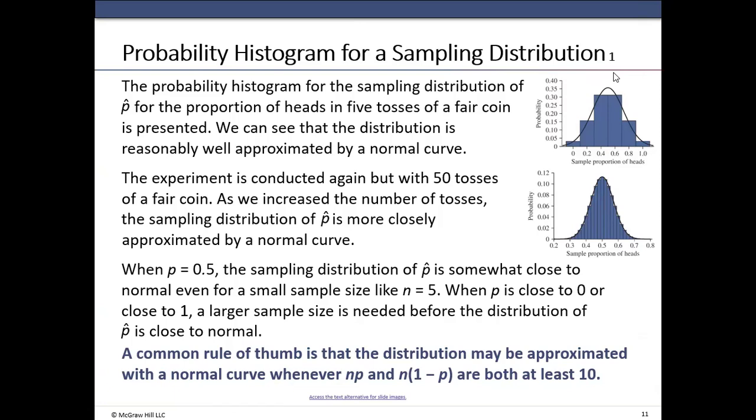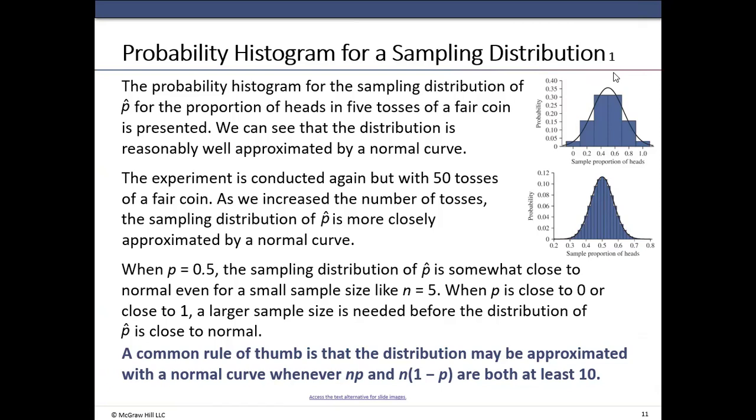What has happened? The sampling distribution of p hat is still bell-shaped, but it is more closely related to a bell-shaped histogram than the top one where the sample size was 5. When p is equal to 0.5, the sampling distribution of p hat is somewhat close to normal, even for a small sample size like n equal to 5.